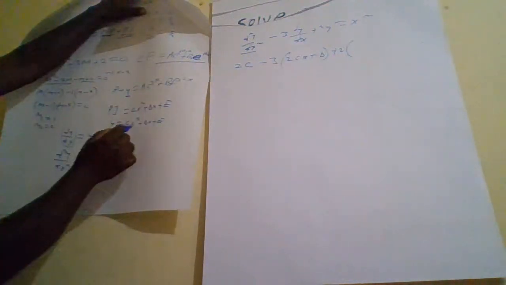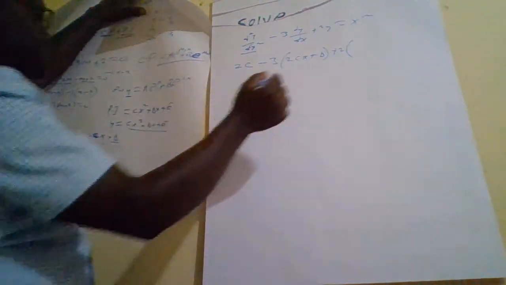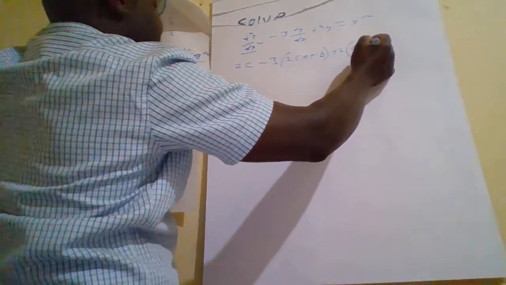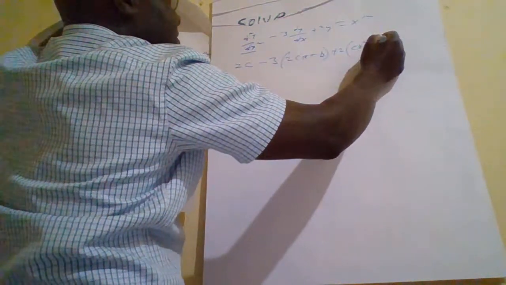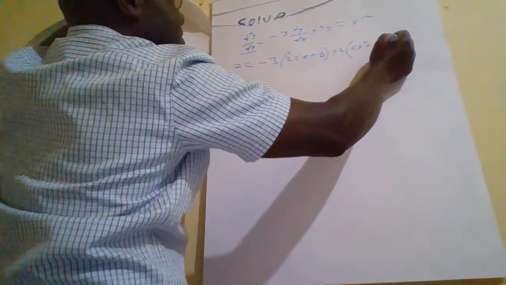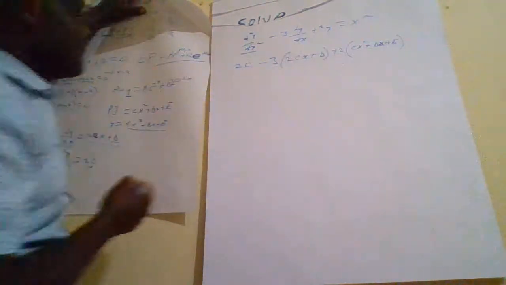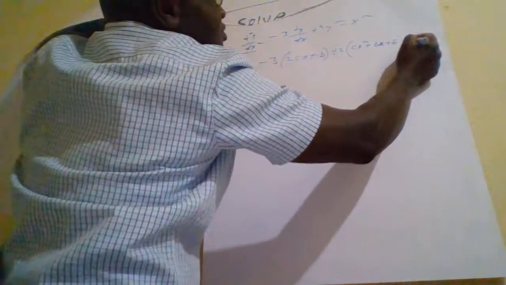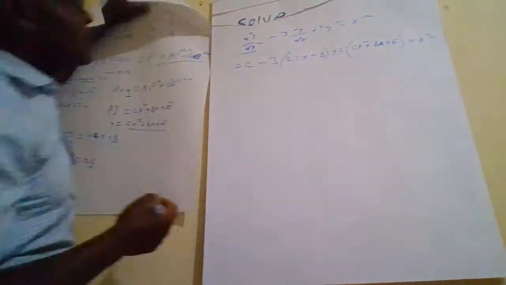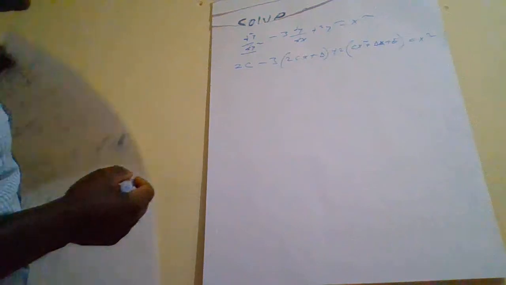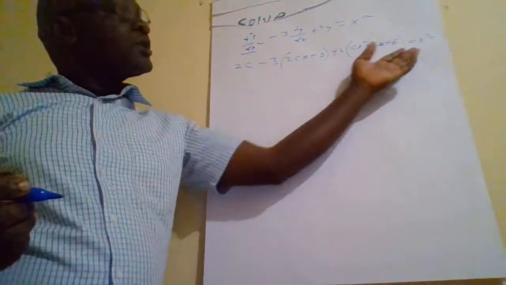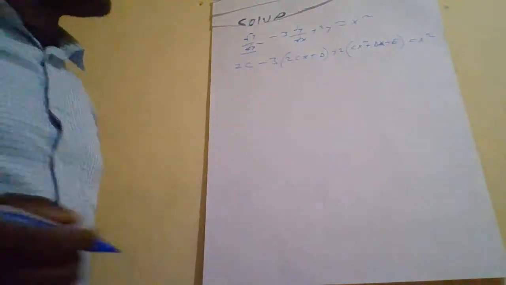Our y is this one, which is cx squared plus dx plus e, equals x squared. So at this point, we open up the brackets.